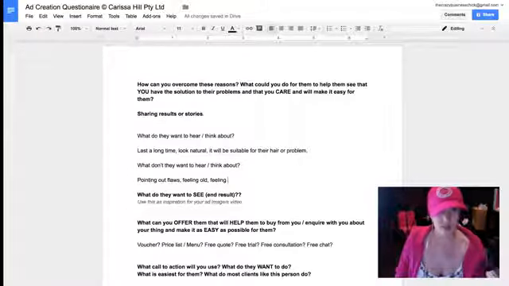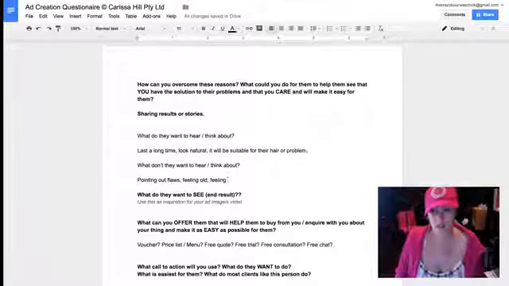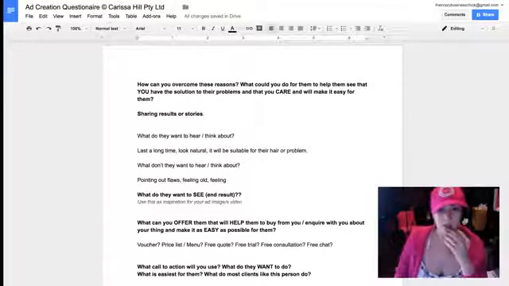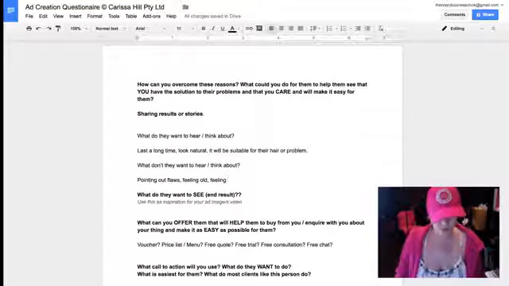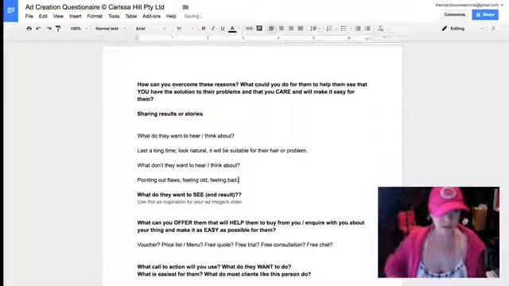You don't need to say it to their face, because you wouldn't say that to someone's face. You wouldn't go, hey, are you feeling fat, or is your hair feeling really dull and gross right now? You wouldn't touch someone's hair and say, oh, your hair's looking really dull. It wouldn't make them feel good.